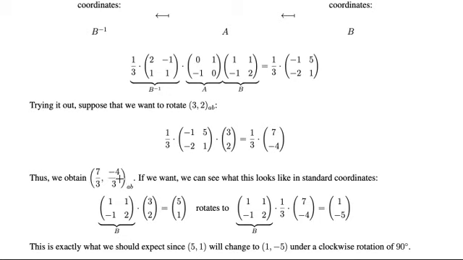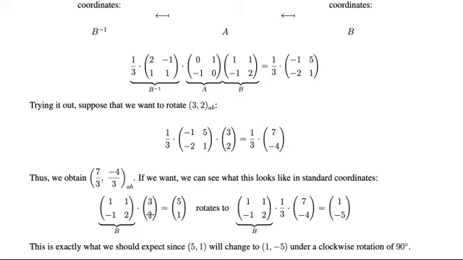In other words, we can actually see what this looks like in standard coordinates if we wanted to. So 3, 2 in standard coordinates is 5, 1, and notice that it actually rotates to 1, -5, and that's exactly right, because if we change what we rotated in AB coordinates back to regular coordinates, we get 1, -5 again.